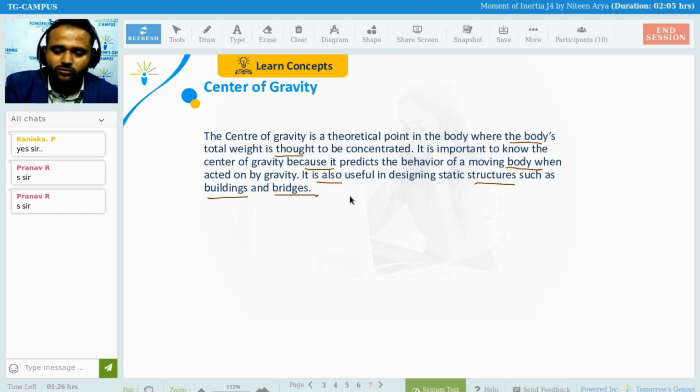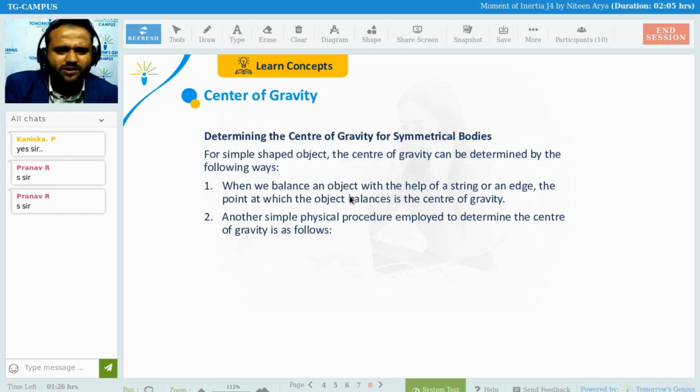Okay, so in the normal sense, determining the center of gravity of symmetrical bodies. For a simple shaped object, the center of gravity can be determined in the following ways. When we balance an object with the help of a string or an edge, the point at which the object balances is the center of gravity.